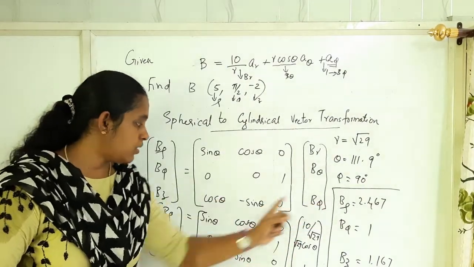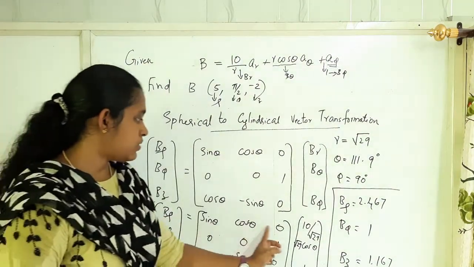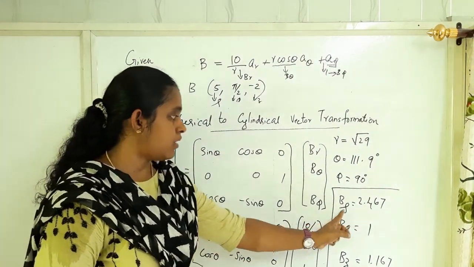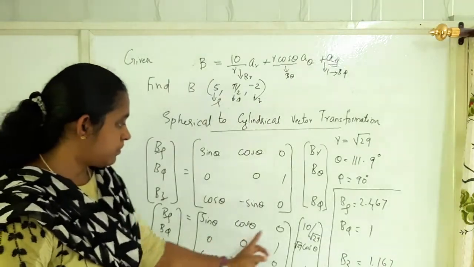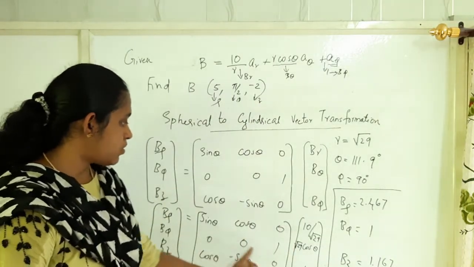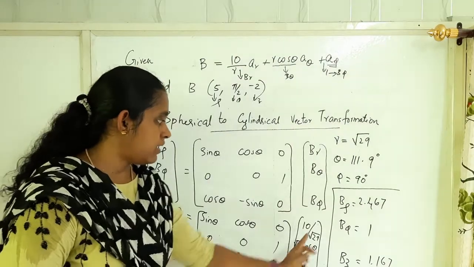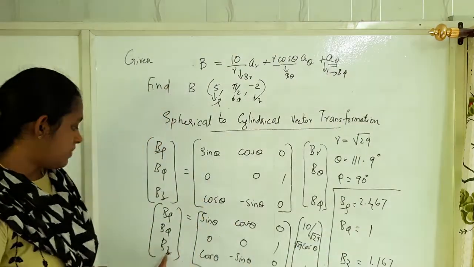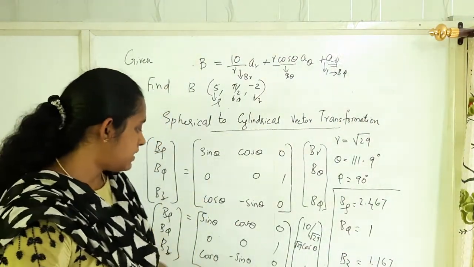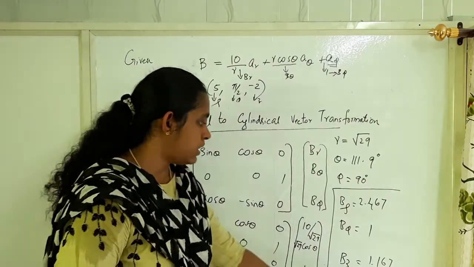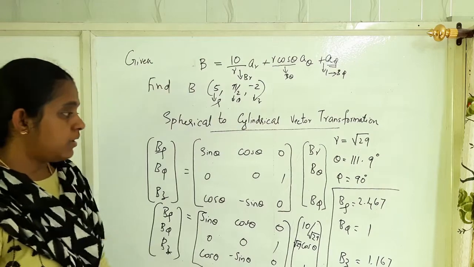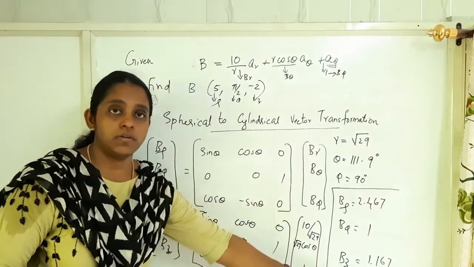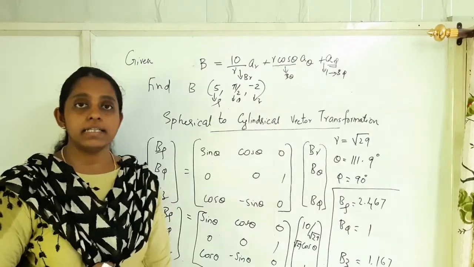First row into this column, we will get b rho equal to 2.467. For b phi, multiply the second row with the column, so b phi will be 1. And for b z, multiply the third row with the column, so you will get b z equal to 1.167. These vector coefficients are in the cylindrical system.